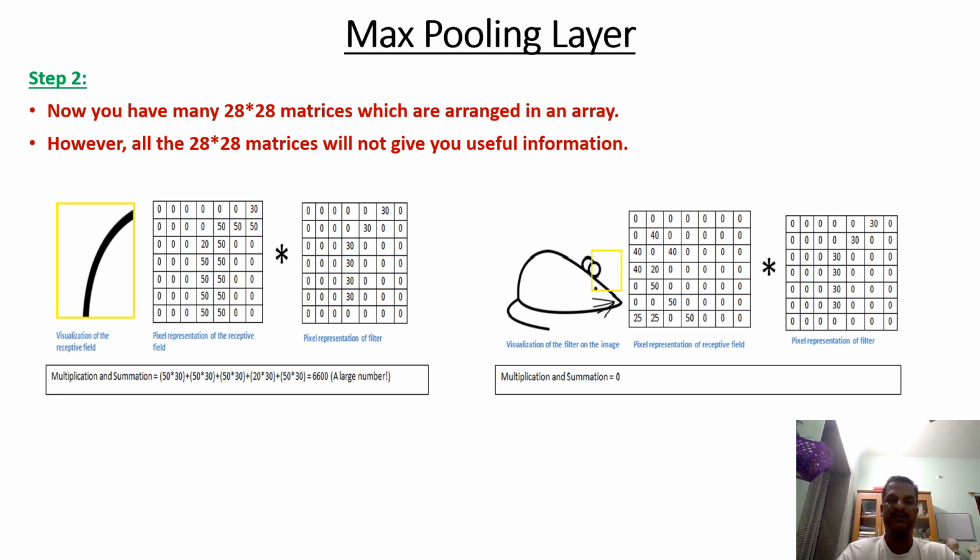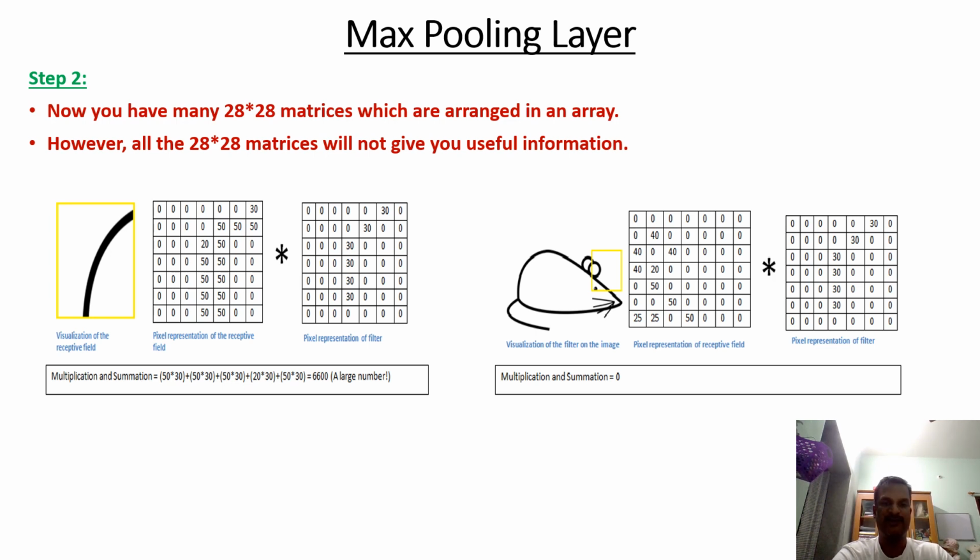Note the filter in the first image: you can see 30 in an L-shaped direction, but everything else is 0. When this is multiplied with my original image, you will find plenty of data, or the number is quite large. But in the other image, the 0 position is not aligned with the 30 data, so when you multiply, the answer is 0.